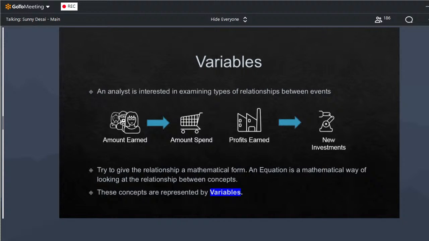But to develop a model or a mathematical understanding of it, you need to understand what the different variables are. And if you want to predict, then we need to develop a mathematical formula for it. To develop a mathematical formula or relationship between the amount of money you spend and the amount of money you earn, the most important concept is variable.